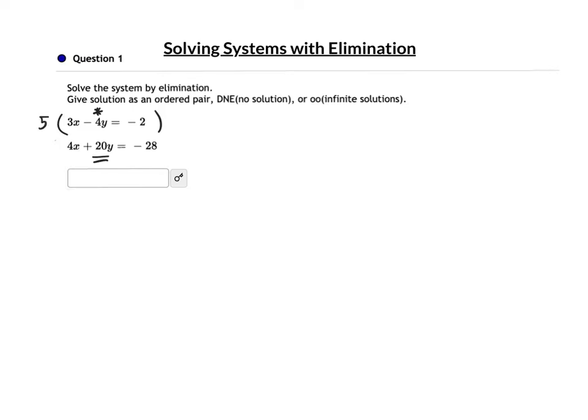And not only that, they'll be opposites. That's what I really like to have as opposites here. So I'll do that. 5 times 3 is 15. Notice I multiply everything by 5. 5 times 4 is negative 20. And 5 times negative 2 is negative 10. And the bottom equation becomes 4x plus 20y equals negative 28.